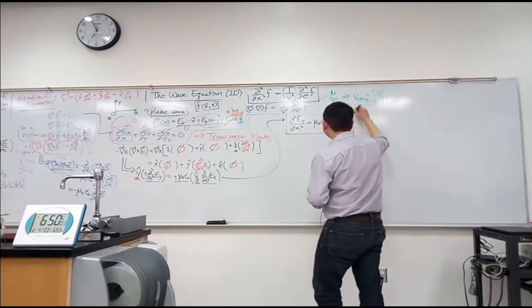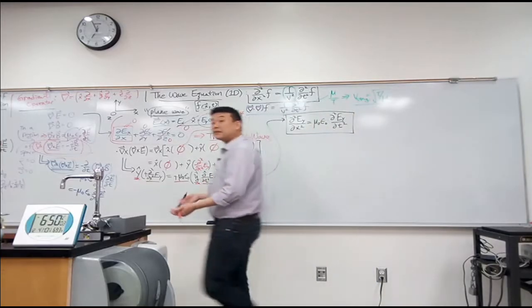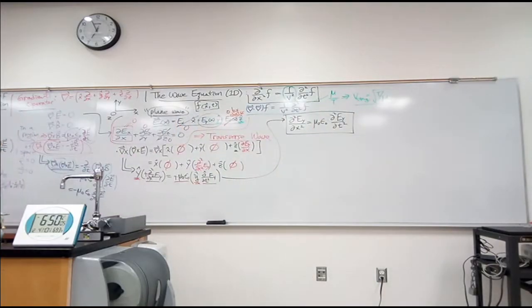And this is the kind of derivation that Maxwell went through. This is his prediction of something that he would recognize as an electromagnetic wave. This is a wave formed by the electric field, nothing but an electric field. It's an oscillating electric field.